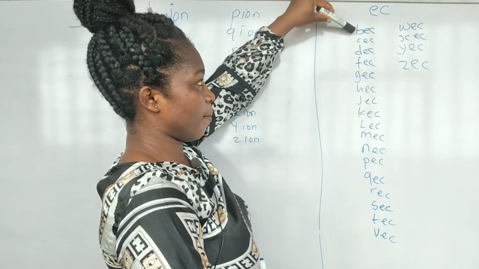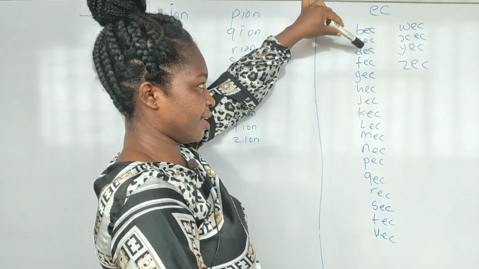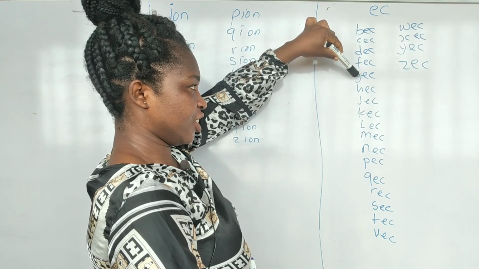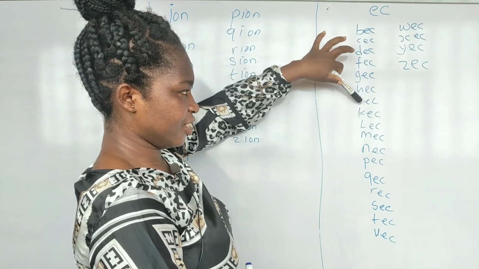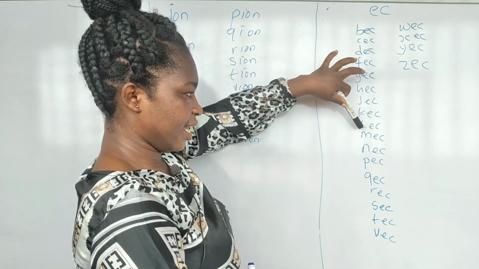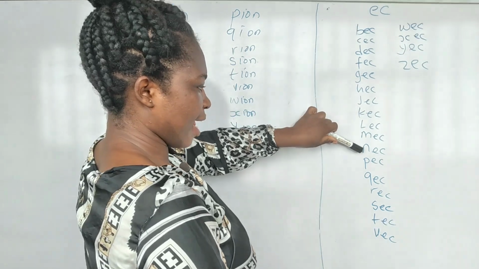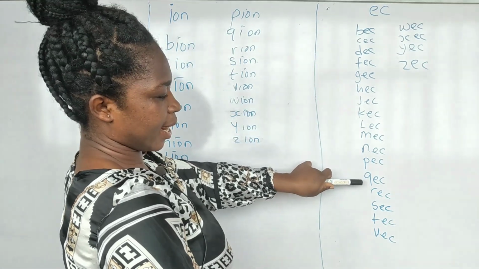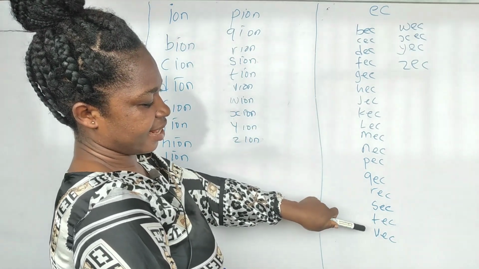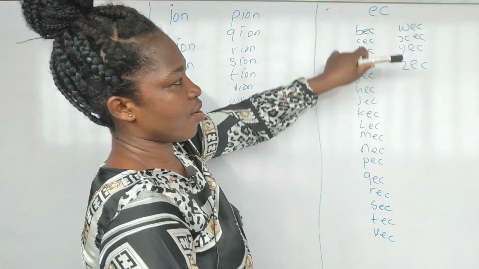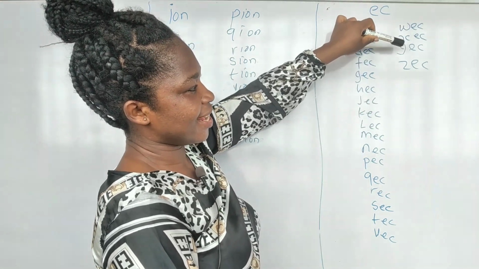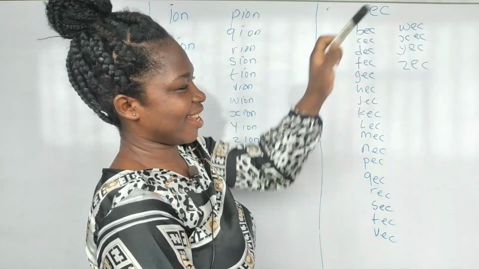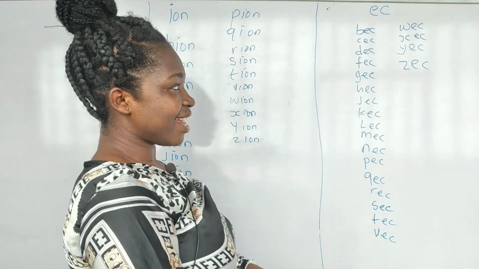So we go beck, sec, deck, feck, jack, heck, jack, keck, leck, meck, neck, peck, quack, wreck, sec, tech, vec, wek, zek, yek, zek. Okay, let's try it again.